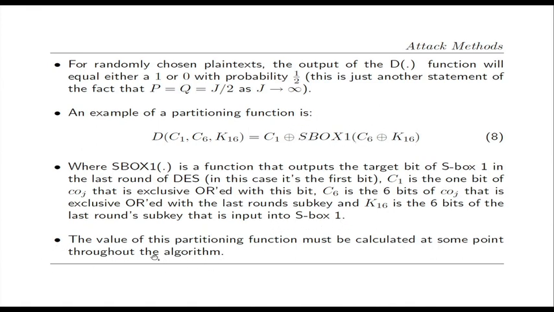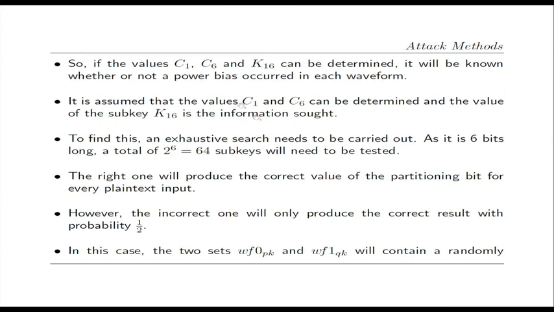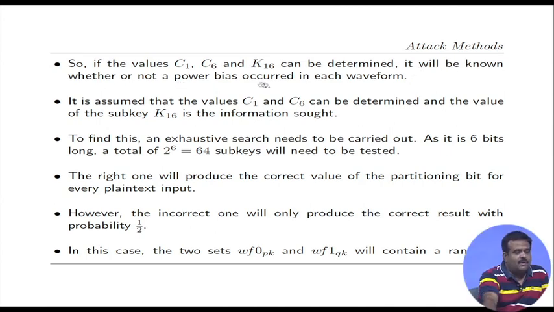Okay. The value of this partitioning function must be calculated at some point throughout the algorithm. So, if the values C1, C6 and K16 can be determined, it will be known whether or not power bias occurred in each waveform.